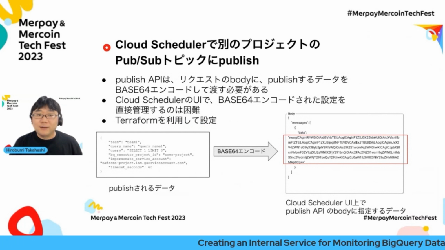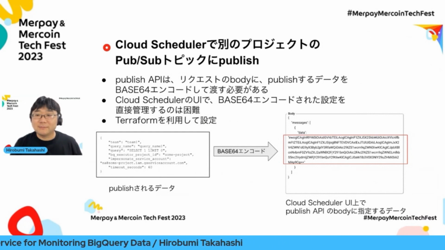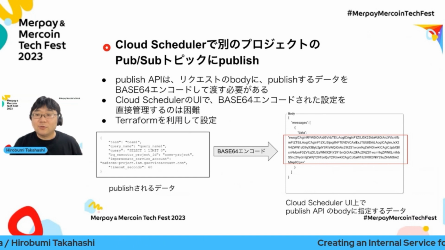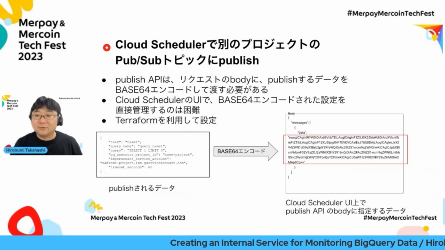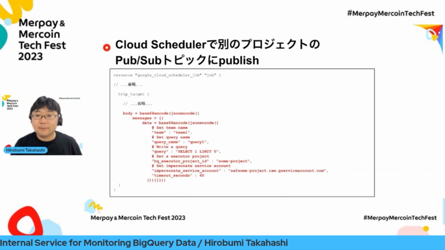The PubSub topic's publish API receives the published data as a base64 encoded parameter. It was very difficult to directly manage this configuration using the Cloud Scheduler UI, so we decided to manage it using Terraform.